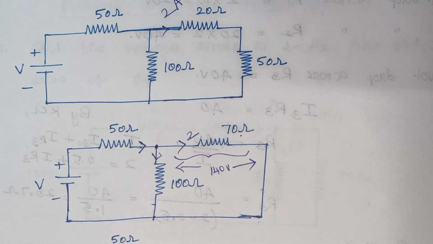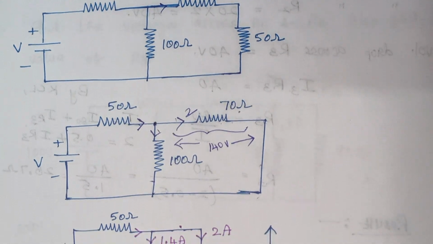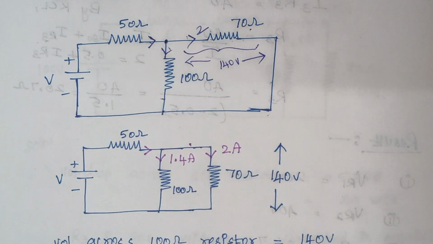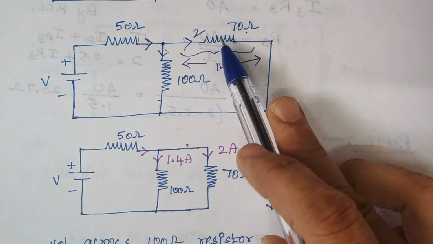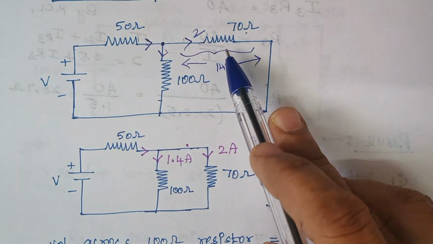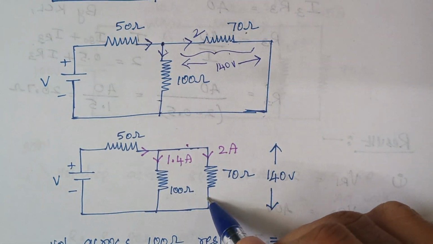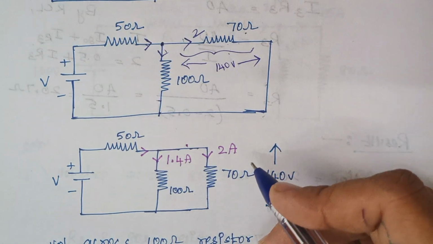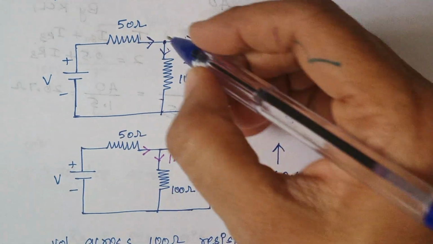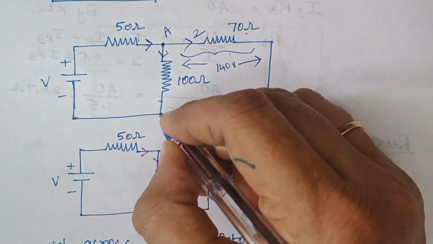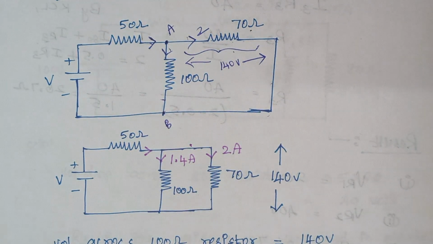So in order to get a clear view, again I have redrawn the circuit. These two resistors are in parallel. This diagram and this diagram mean the same, it doesn't make any difference. If you have any doubt, you can label these nodes as A and B and check.